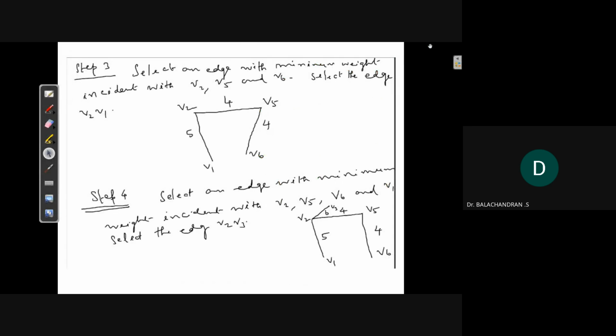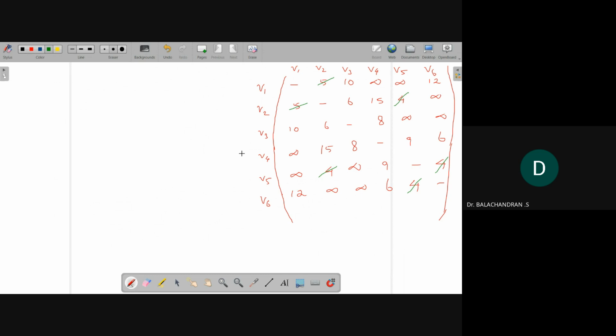Now we have 4 vertices, in step 3: V1, V2, V5, V6. Among these, the minimum is 6.